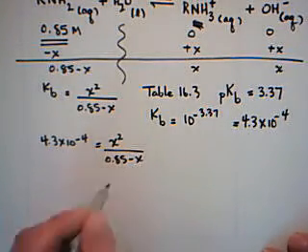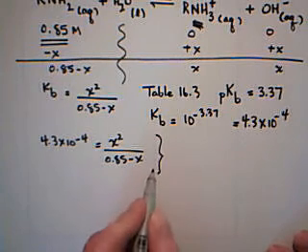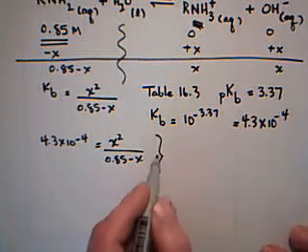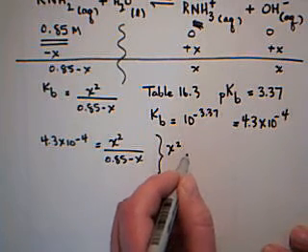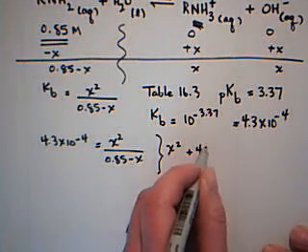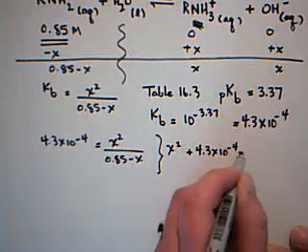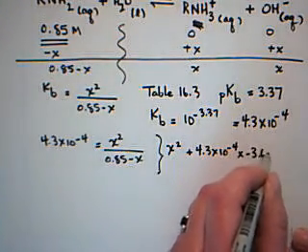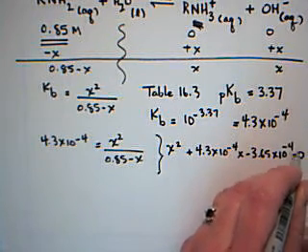So I have 4.3 times 10 to the minus 4 is equal to x squared over 0.85 minus x. When I multiply this through, with a little bit of rearrangement, I get a quadratic equation: x squared plus 4.3 times 10 to the minus 4 x minus 3.65 times 10 to the minus 4 is equal to 0.